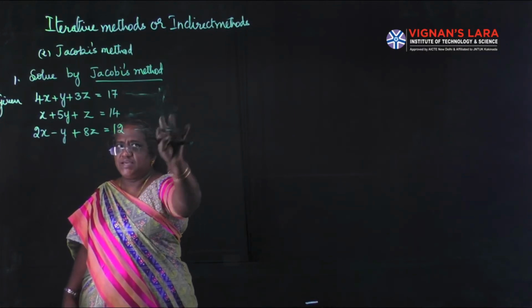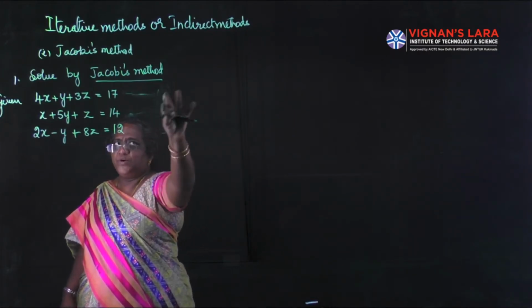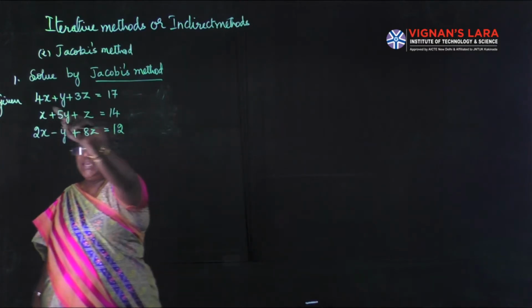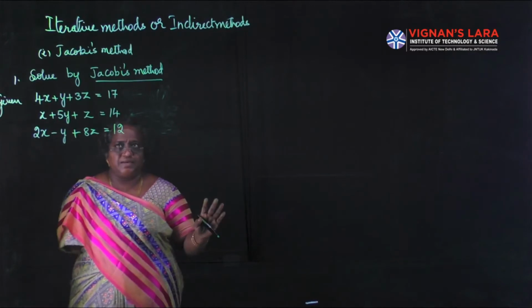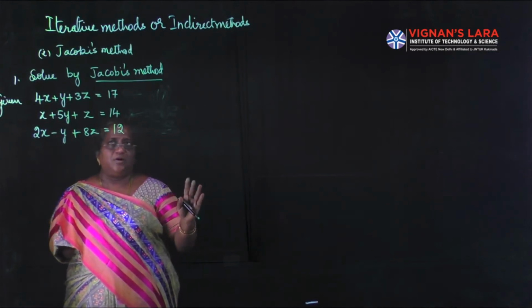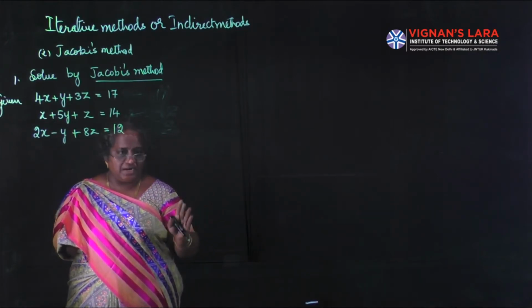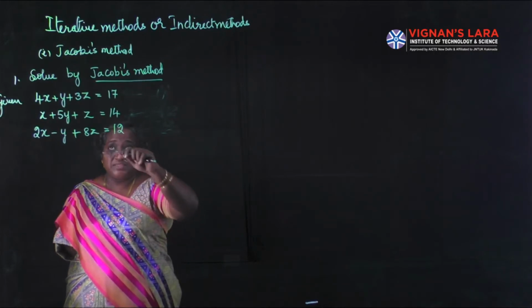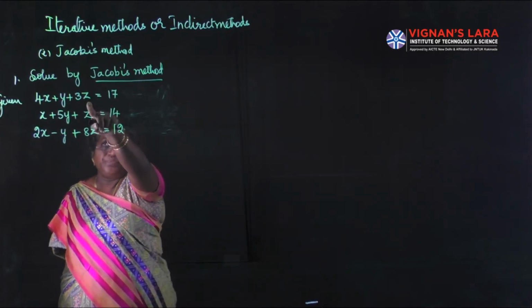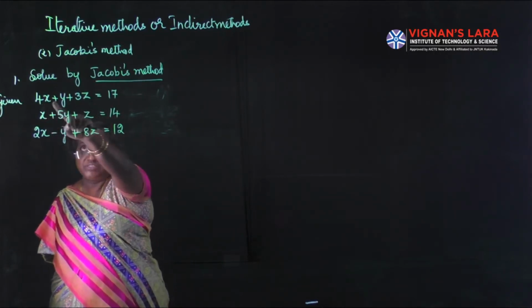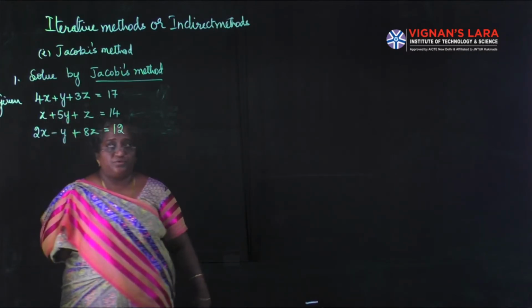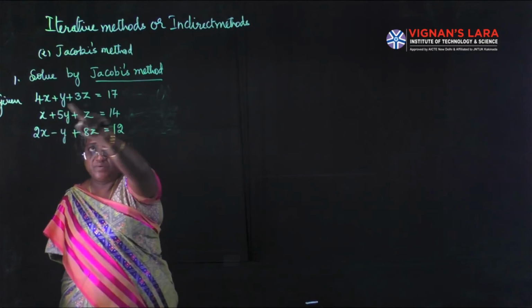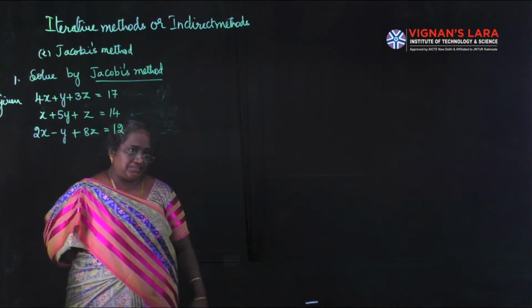The important point here is that using equation 1, you must be able to write x or z. We can't write y, because in these methods we should take the highest coefficient. What is the highest coefficient here? The coefficient of x. So from the first equation we have to write x.